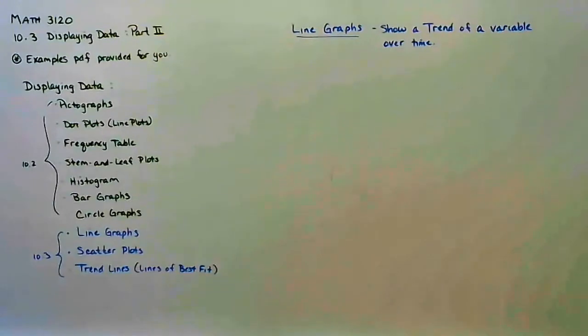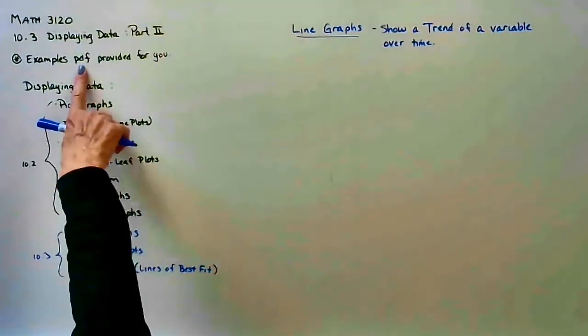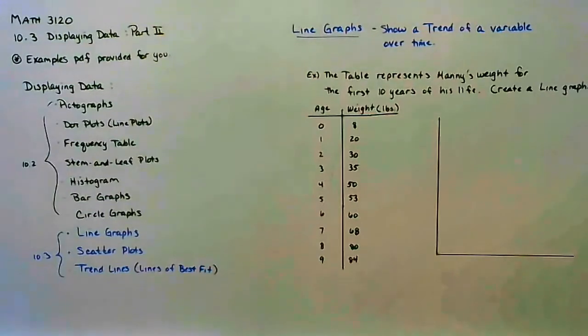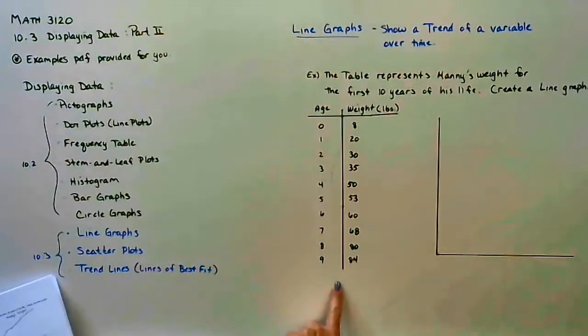So I'm going to pause this while I create the table of values that I gave you in this example that you'll find in your module. All right, so here's the first example that I've got with line graphs. The table that's been given represents Manny's weight for the first 10 years of his life.